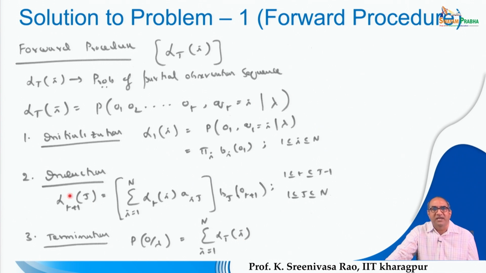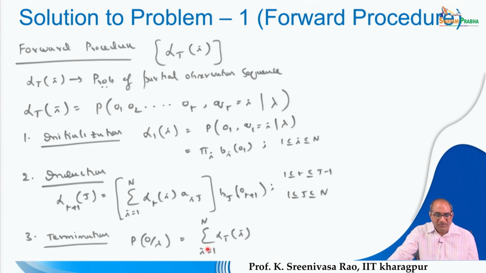We can do this because, by induction, we can compute it at the intermediate steps. Now, extending the same thing to the end, alpha T of i is no longer partial, because by that time capital T we have reached the end of the sequence. So at time instant capital T, the system may be in any one of the n states, with certain probability in the ith state and some other probability in other states.